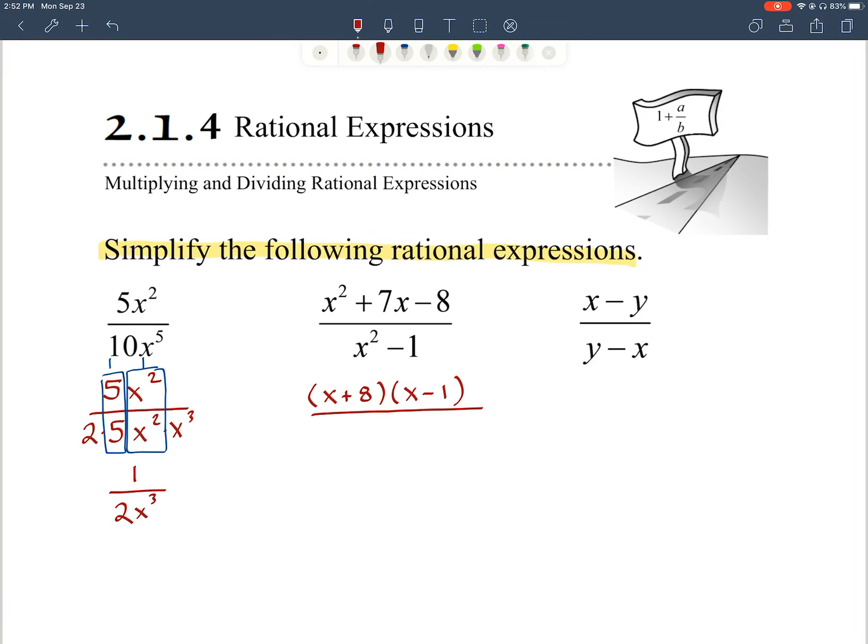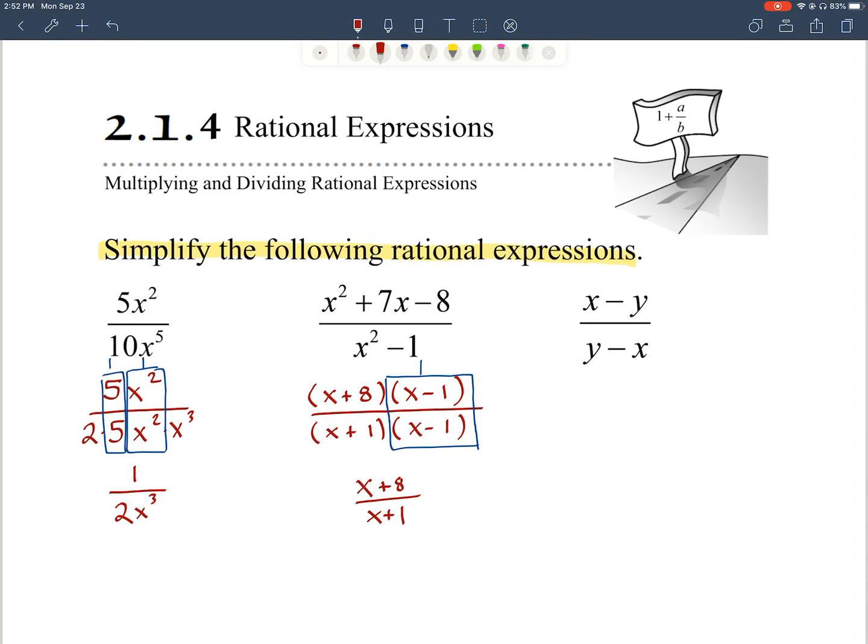And we're going to divide that by x squared minus 1, which is a difference of squares as well. So for that, we would have an x plus 1 times an x minus 1. So we can see here that the common factor, x minus 1 divided by x minus 1, is really like 1 over 1. And after we do that, we're just going to be left with x plus 8 over x plus 1.